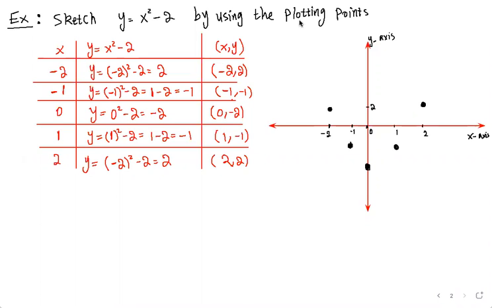So the graph for these points will be like this, a parabola. Just like this, going down.